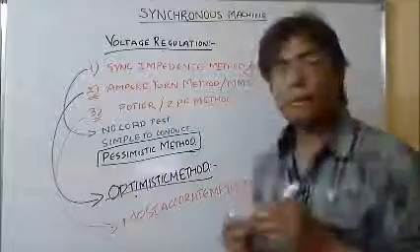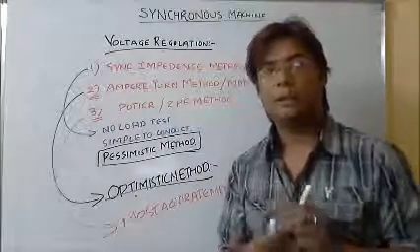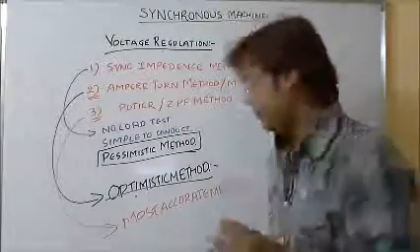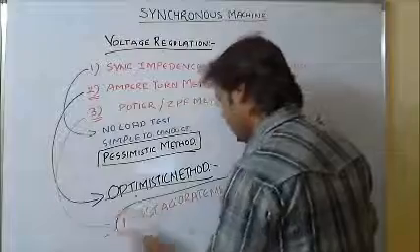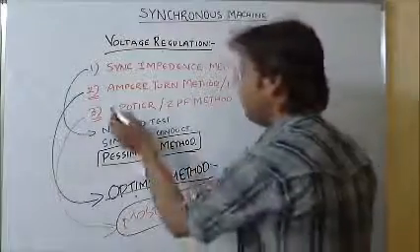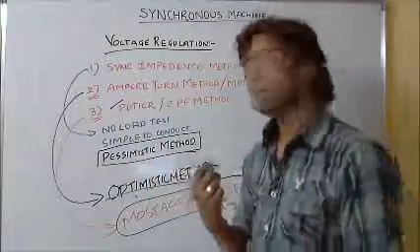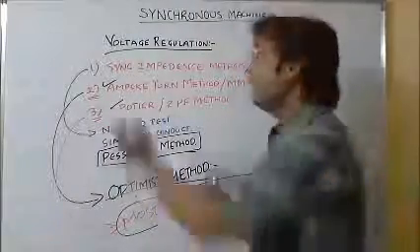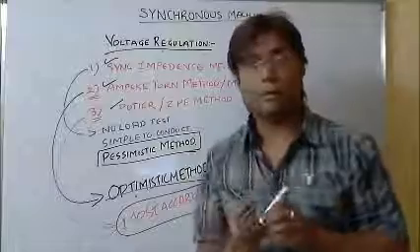This is the most accurate method by which anyone can find the voltage regulation of the synchronous machine. So please remember this also. The most accurate method would be the Potier triangle method. Second, the ampere turn method would be the best one. Third would be the synchronous impedance method.